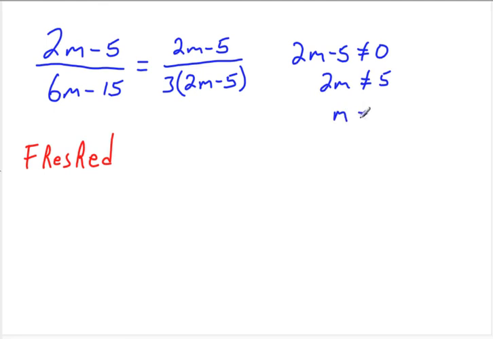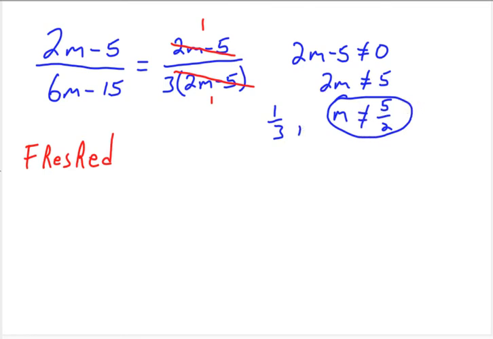And if I divide by 2, I say m is not equal to 5 over 2. That's my restriction. Now to get my answer, I can back up here and actually do my reduction. 2m minus 5's cancel out, leaving me with 1 over 3 as my answer. So 1 over 3, comma, m cannot be 5 over 2.